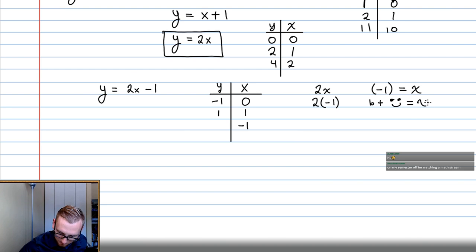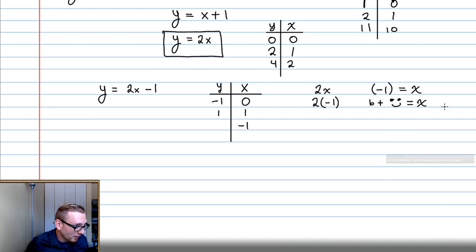It makes no sense whatsoever. But if I plug that in, it's just the same: 2 times B plus a happy face. All I'm doing is plugging in whatever is there for x into the function itself.